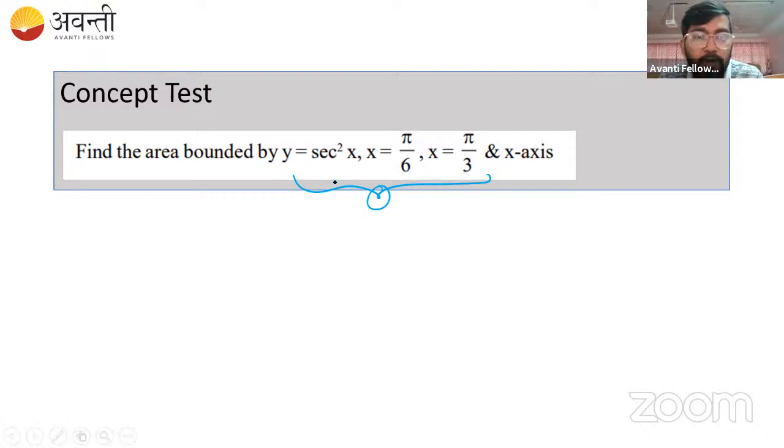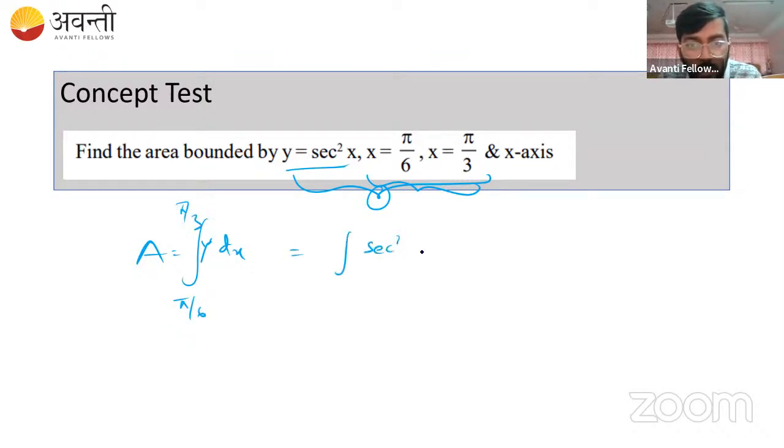The area is supposed to be found between the curve and the x-axis, and the ordinates between which you need to find the area have been given. So how will we find it? Area is equal to integral of y dx, and x goes from pi by 6 to pi by 3. And what is y given as? Sec squared x.